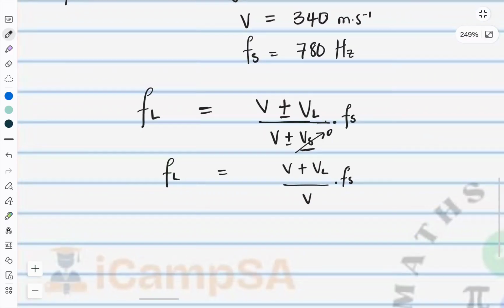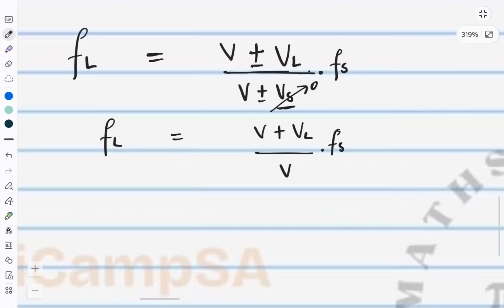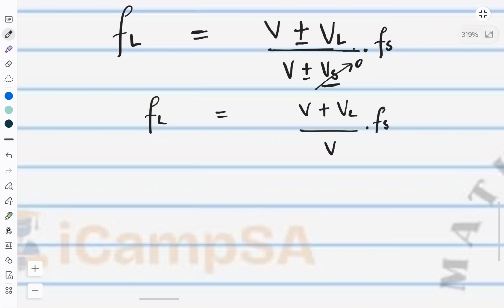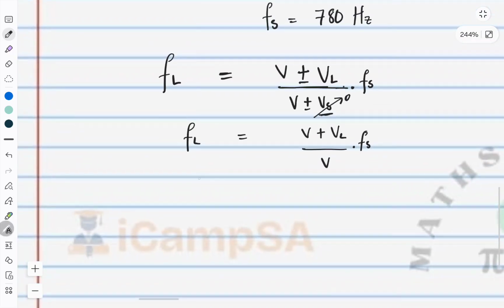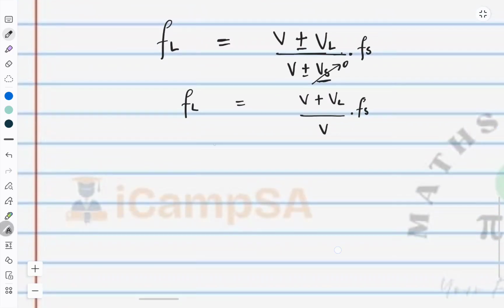So from here onwards, we can start substituting. You have two options. Either you substitute at this point, or you can make whatever you want to find, which is VL in this case, subject of the formula. So let's just substitute. FL, frequency of the listener, we are told it's 850. And then the wave speed is 340.